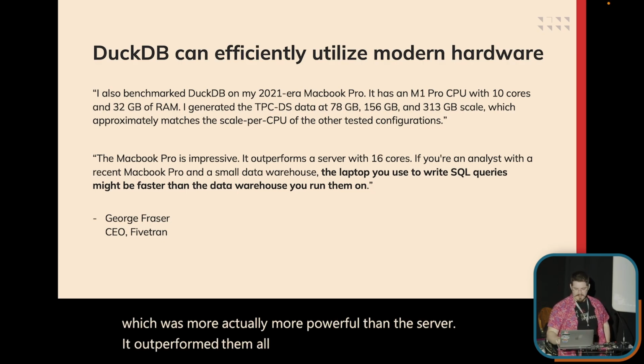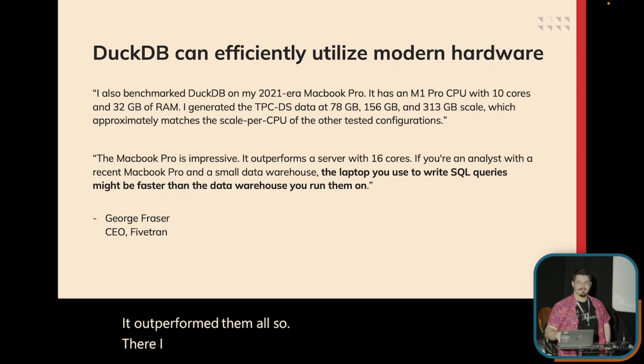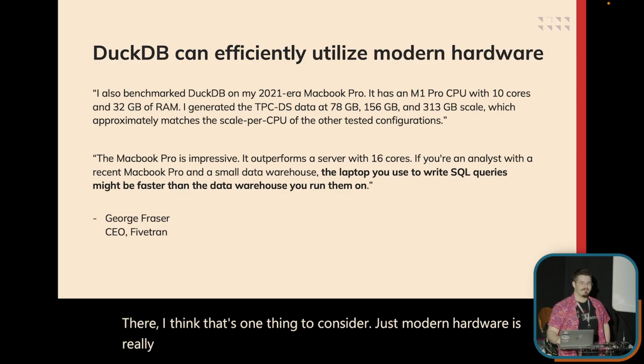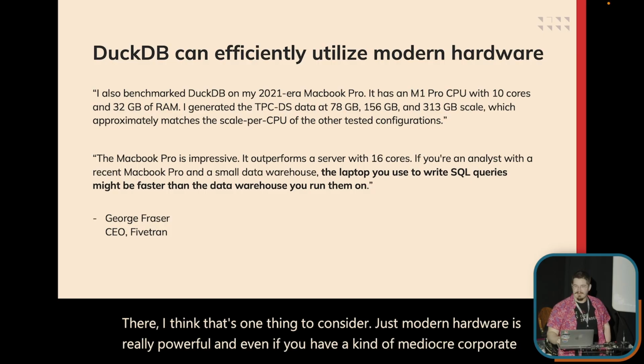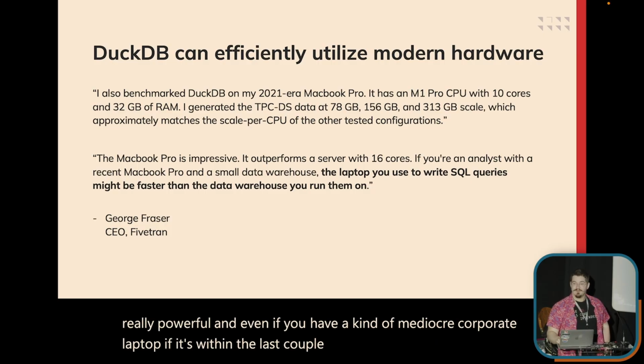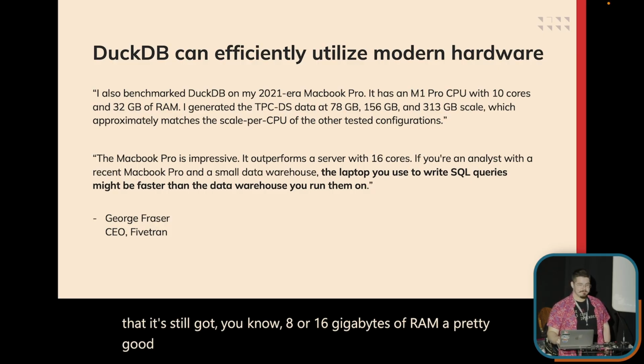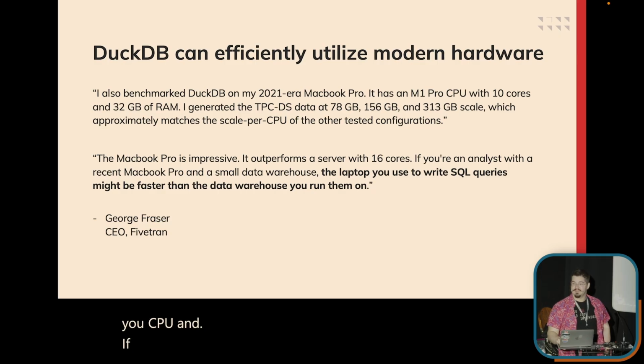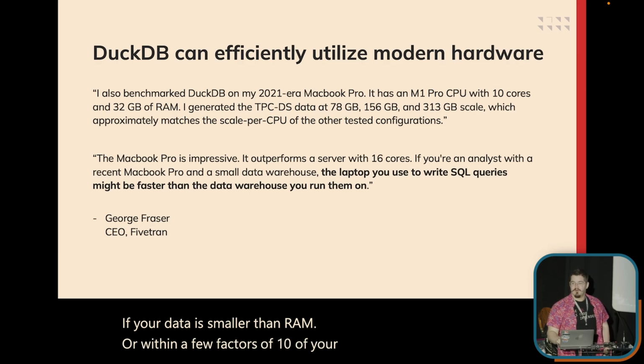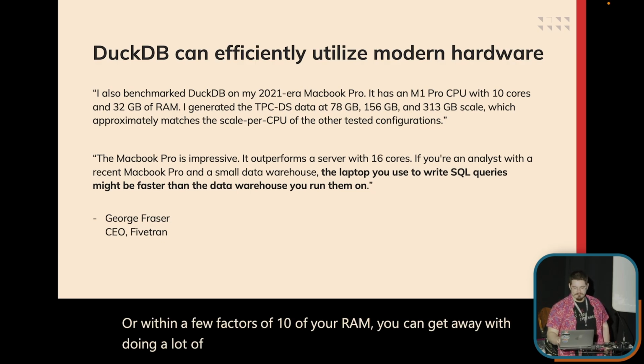So I think that's one thing to consider, is just modern hardware is really powerful. And even if you have a kind of mediocre corporate laptop, if it's within the last couple of years, there's a good chance that it's still got 8 or 16 gigabytes of RAM, a pretty good CPU, and if your data is smaller than RAM, or within a few factors of 10 of your RAM, you can get away with doing a lot of local processing.